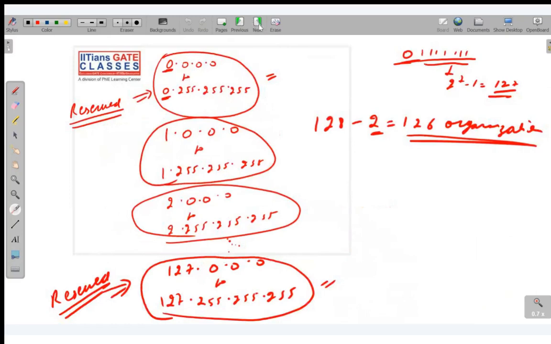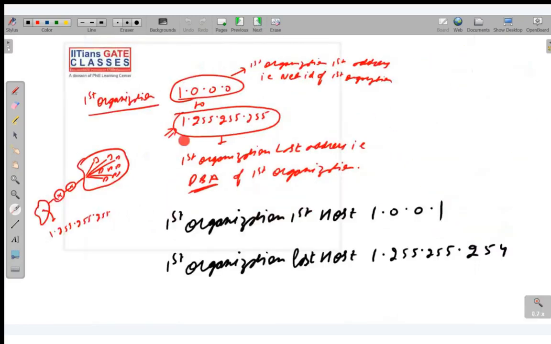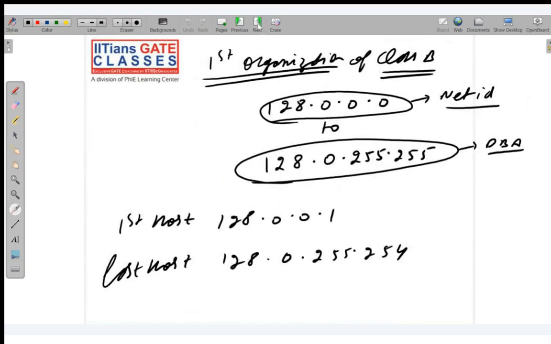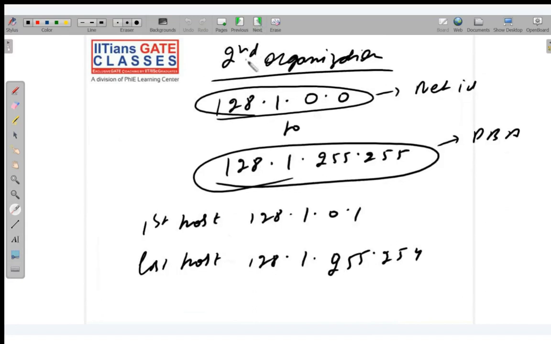That's why for the first organization it was 1, for the second organization it was 2. So the first octet we are moving. For class B we will move the second octet, and then after moving the entire second octet, we will jump to the first octet. Okay, don't worry, I will tell you this. First octet is first organization, second octet is second organization. No, it is not like that. Don't worry, I will tell you.